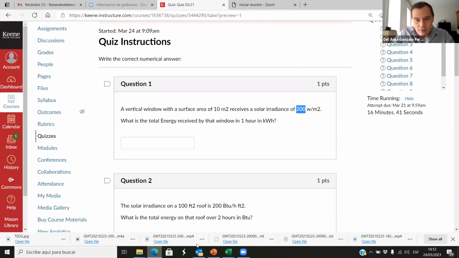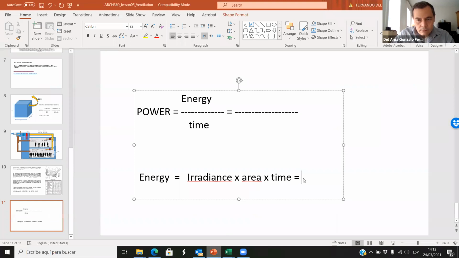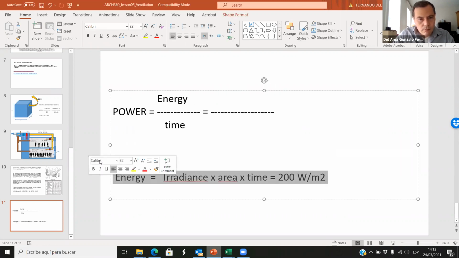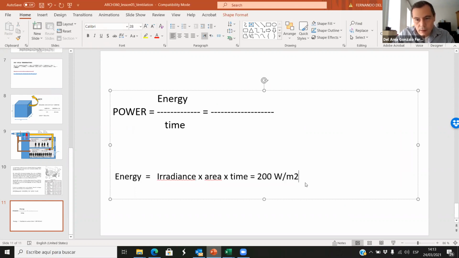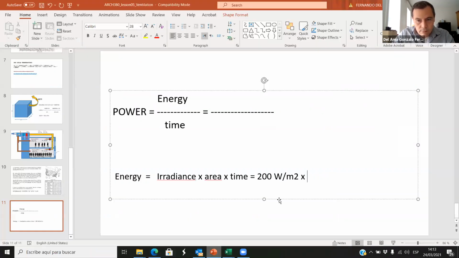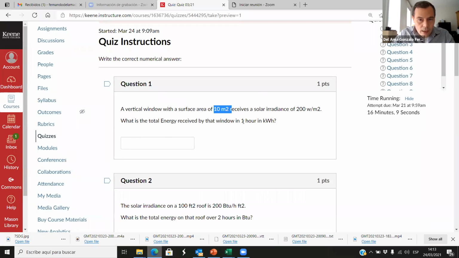So the irradiance is 200 watts per square meter. Let's make it bigger. And let's make that smaller. Times the area. The area is 10 square meters. Okay, 10 square meters times the time, and time is 1 hour.